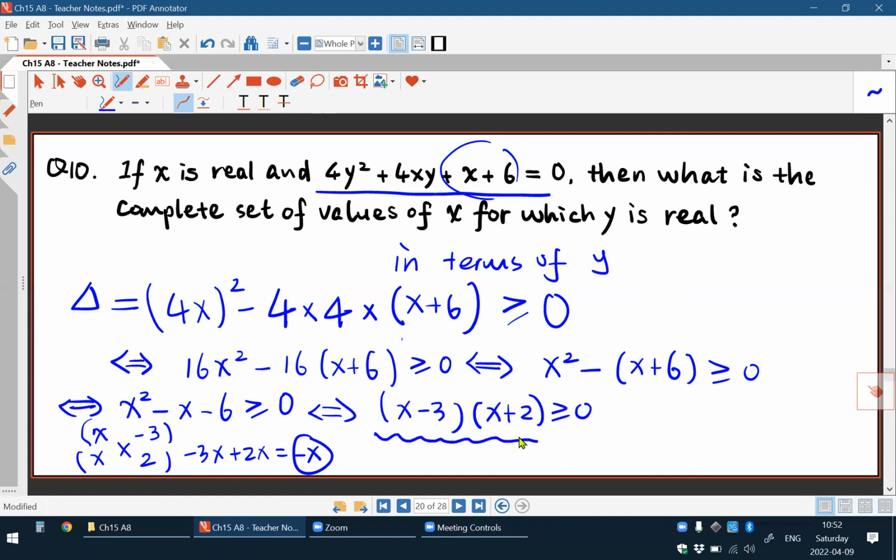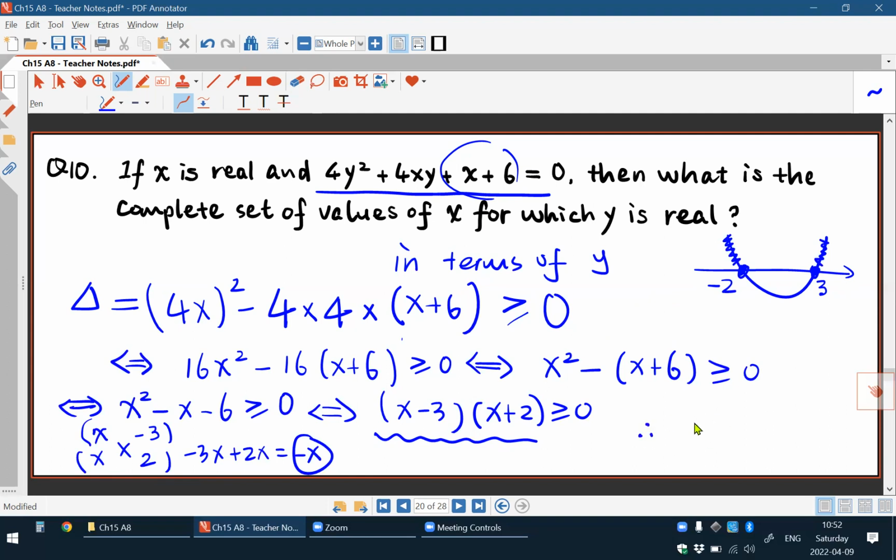And you can see the left side is a quadratic function, right? Is it opening down or up? Up. Okay, opening up. 2 zeros, right? One of them is negative 2. The other one is 3. And our task is to find any interval that makes this function greater than or equal to 0, right? So this point will do, this point will do, and this interval will also do, this interval will also do, right?